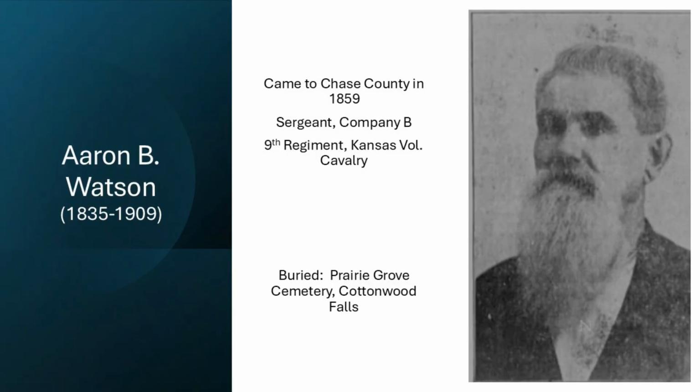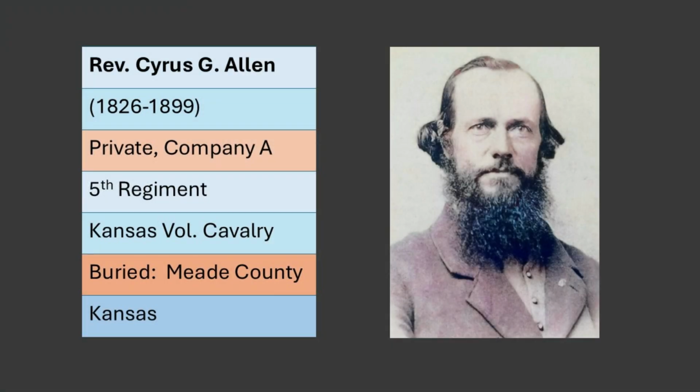Aaron Watson, a carpenter, left a wife and 2 children at home to go to war, serving in the 9th Regiment for 3 years. Cyrus Allen enlisted in 1862, leaving behind a wife and 4 children on his Middle Creek farm to serve for 3 years in the 5th Kansas Cavalry.